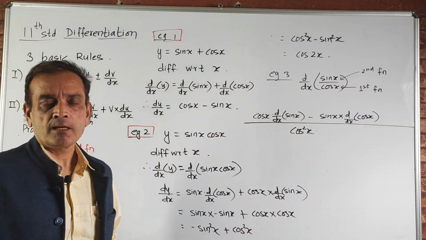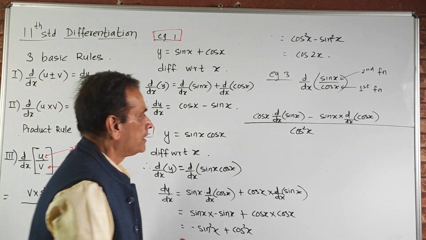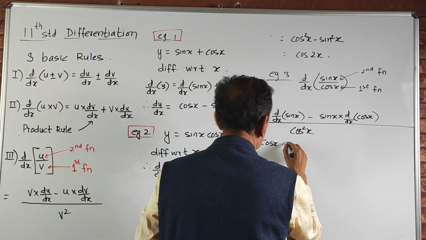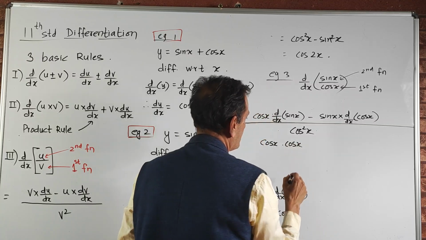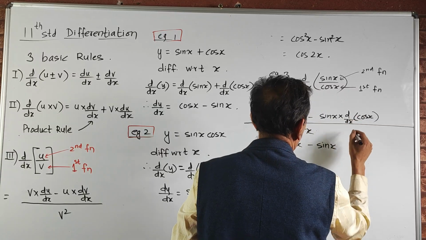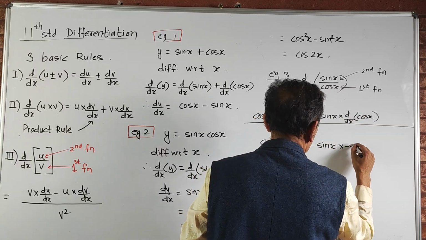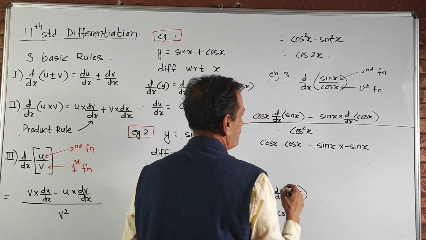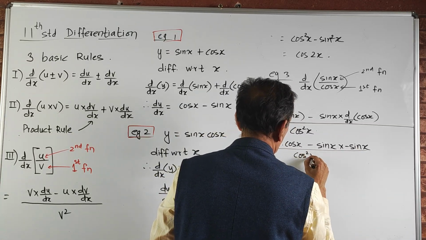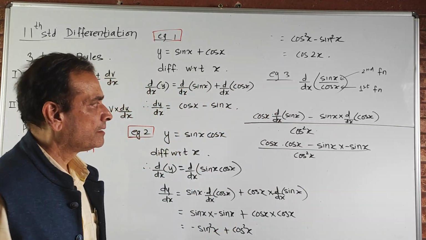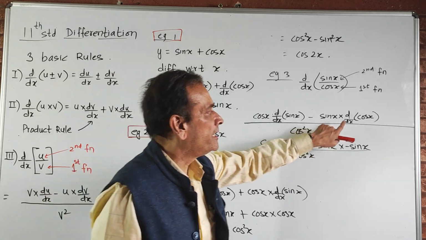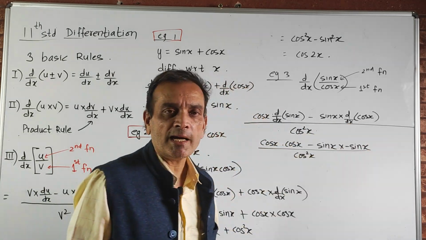बस सिंपल सी बात है। Now just use the formulae. d by dx of sin x, cos x. d by dx of cos x is minus sin x. करेक्ट। देखो d by dx of sin x बेसिक फॉर्मूला cos x, d by dx of cos x बेसिक फॉर्मूला minus sin x.